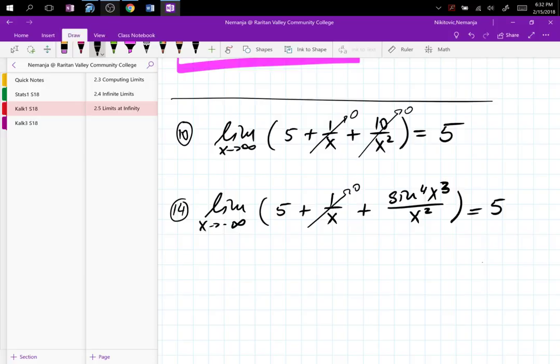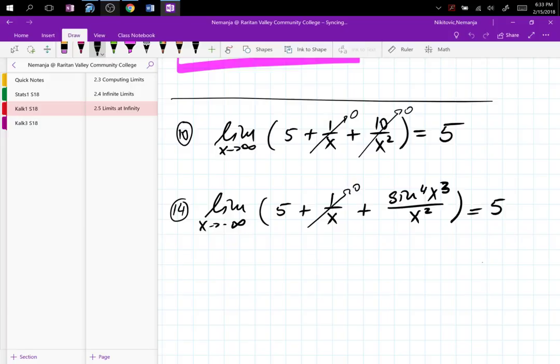What do we know about sine and cosine functions? Beautiful. They're bounded by 1. So the entire numerator here is as good as 1. It can't be bigger than 1. So it's bounded.